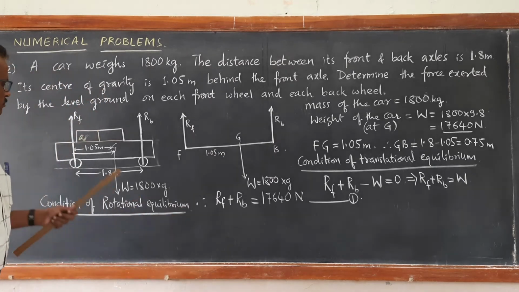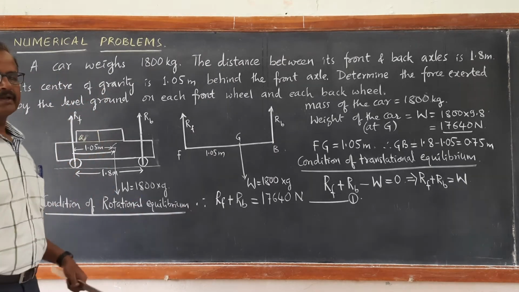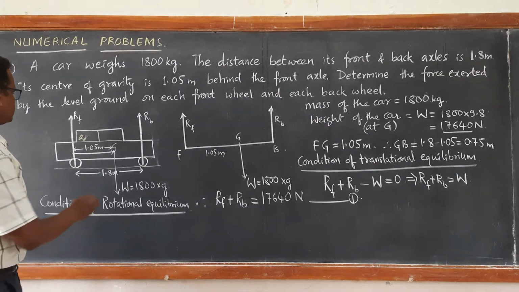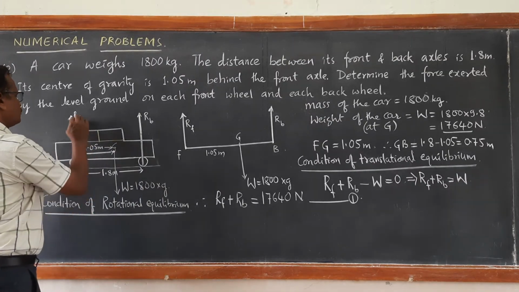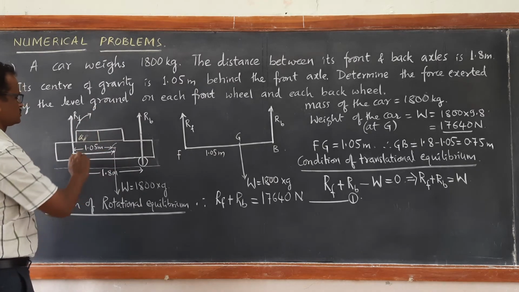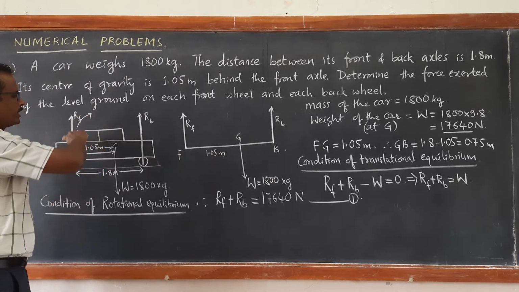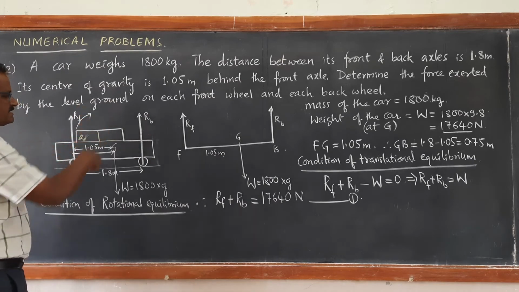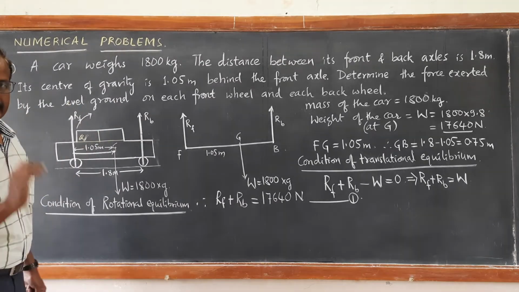The total moments about the center of gravity must be 0. Here, the normal force RF multiplied by this perpendicular distance tends to rotate in the clockwise sense, so that should be taken negative.